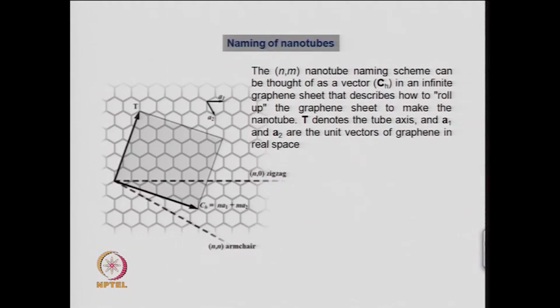The nanotube that you will get if n has a value and m is 0, if you roll the graphene sheet in that manner, then you ultimately end up in a nanotube whose direction will be this, and it is called a zigzag nanotube. So, the coefficient m is 0.